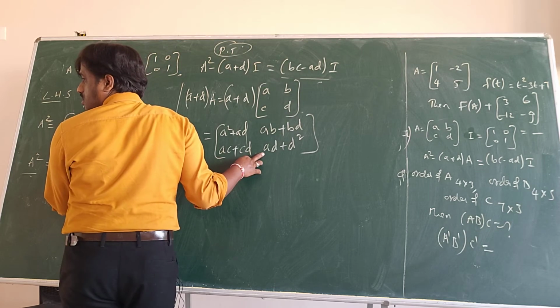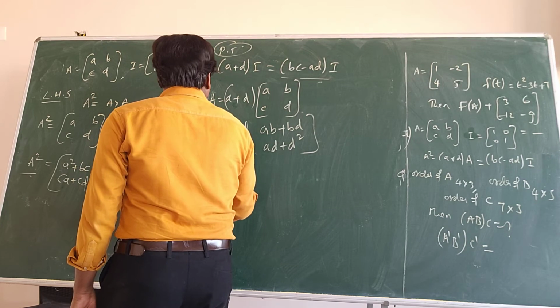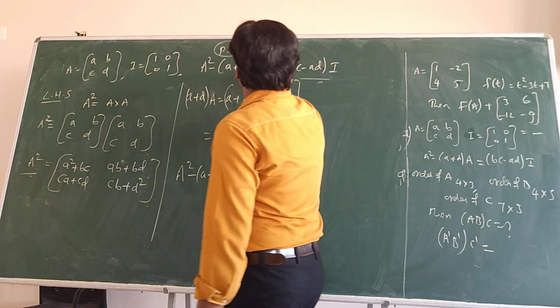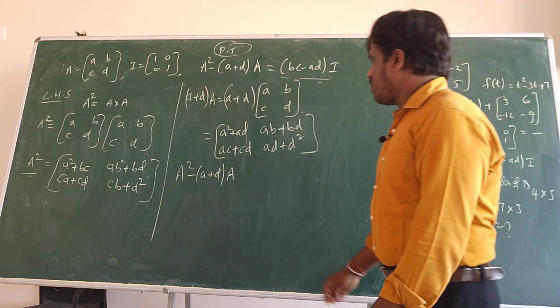So A square minus (A plus D) into A, not I. Here I wrote wrong. Then what do you get?